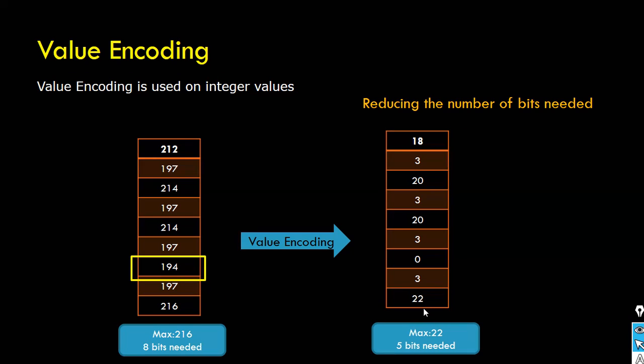You might be thinking, okay, only 5 bits are needed to store this value, but here in this case, 8 bits are required. We are saving 3 bits only. Do 3 bits matter? Yes. Nowadays we are dealing with billions of records. So 1 billion times 3 bits will go like anything, right? In that kind of situation, yes, you are reducing the space required to store the integer value.